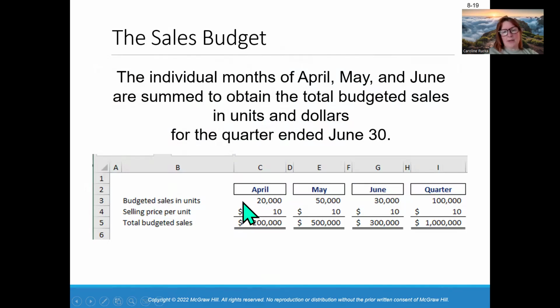So we take our budgeted sales times our unit price to get our total budgeted sales in dollars. And then all the way on the right-hand side, we're just adding up each of these rows to be our whole quarter amount. Pretty easy so far, right? That's all we have to do. That's the entire sales schedule.